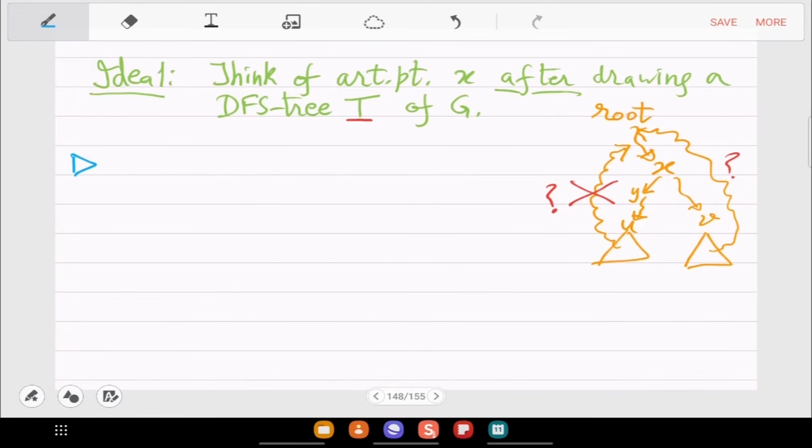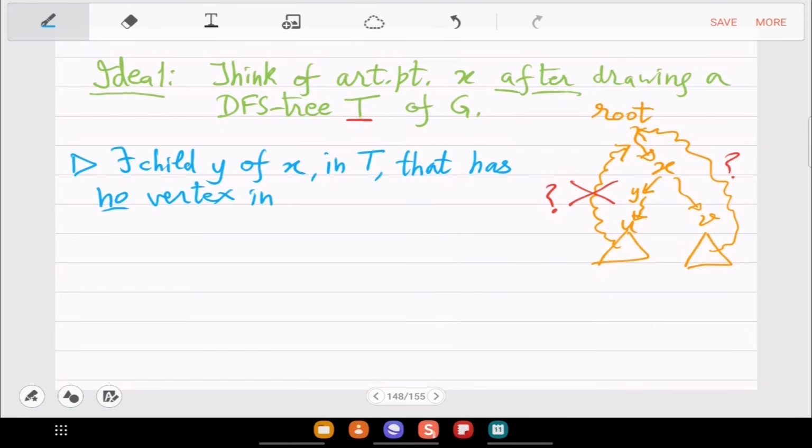The other one I am not naming; the first one, Y, is what I make a statement about. There exists a child Y of X in the DFS tree that has no vertex in the subtree of Y with a back edge.